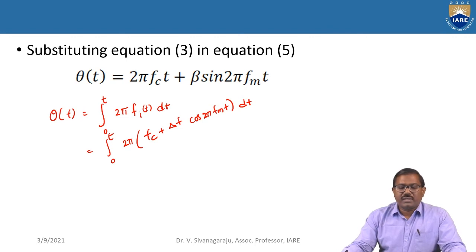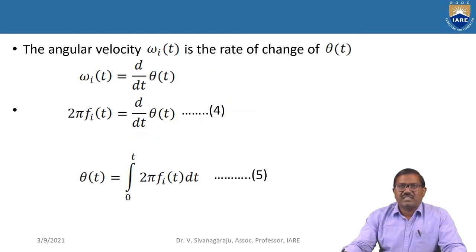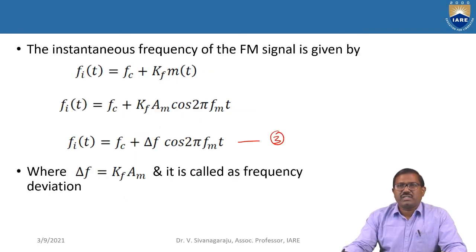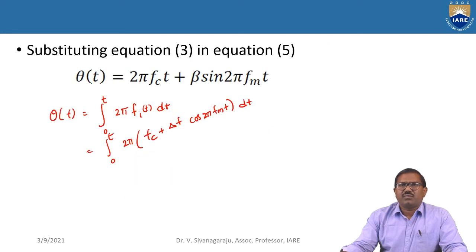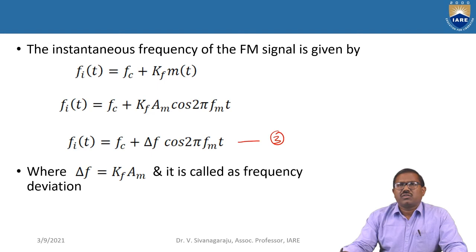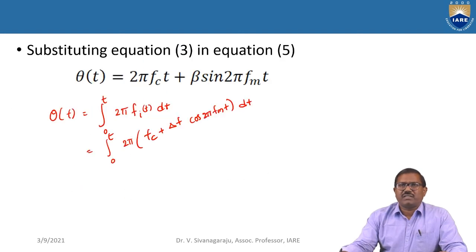So here you have theta of t equal to the integral 0 to t of 2 pi fi of t dt. This is our fifth equation, and this is our third equation, fc plus delta f cos of 2 pi fm t. So here we are going to substitute this fi of t value.